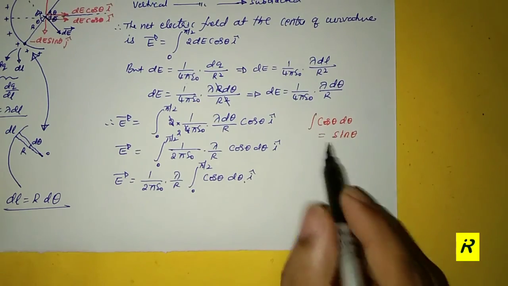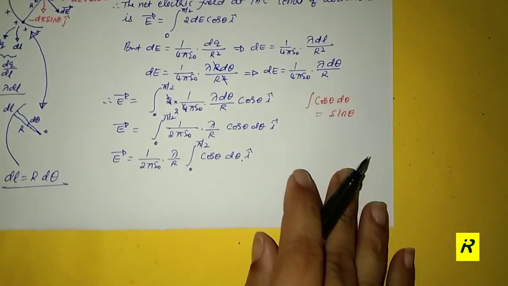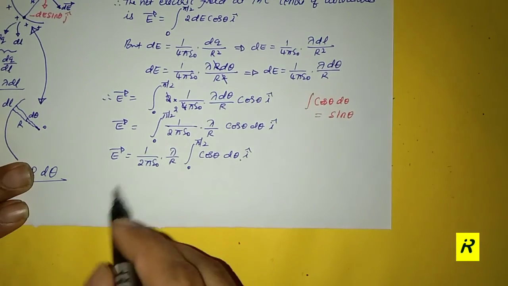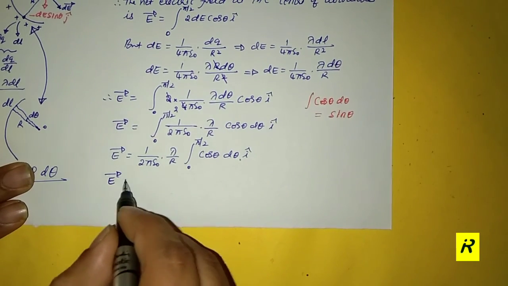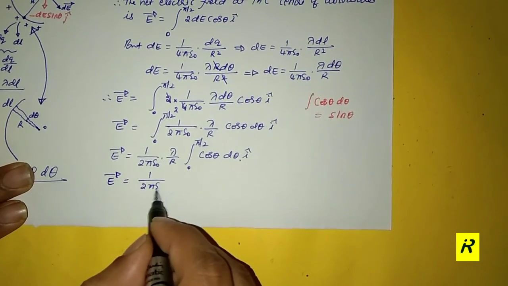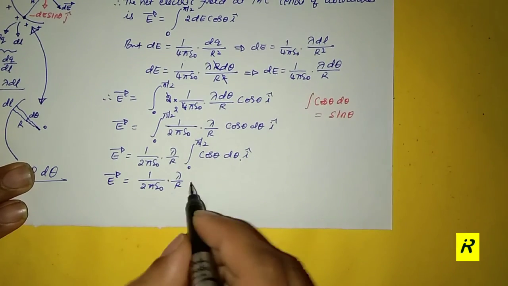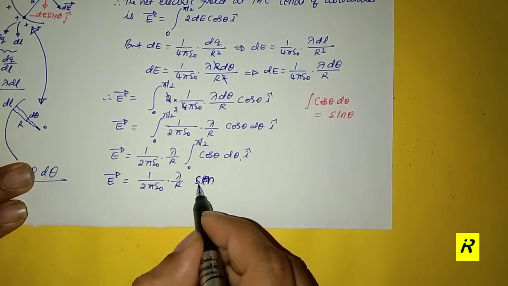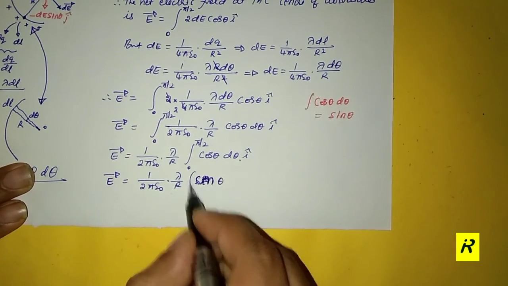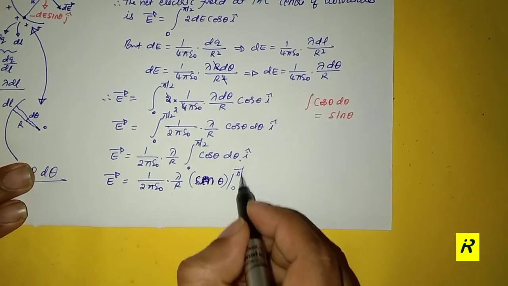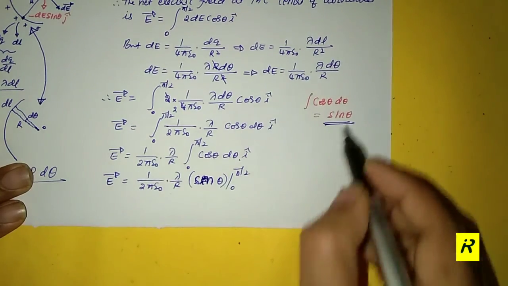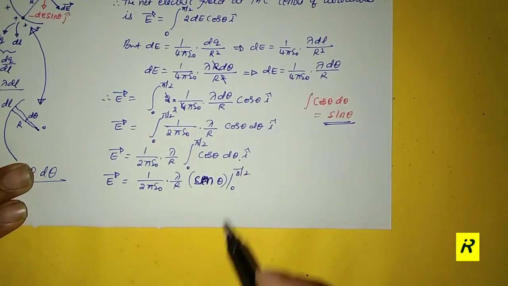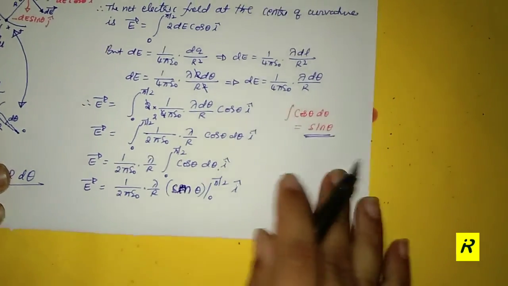So by using this in our derivation, I can write E vector equals 1 divided by 2 pi epsilon O lambda divided by r, and this becomes sin theta, right? Sin theta from 0 to pi by 2, and don't forget i cap.